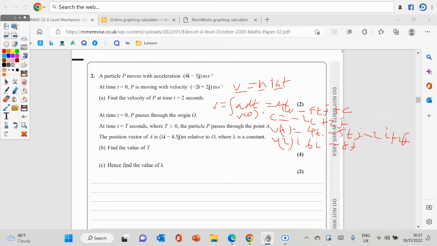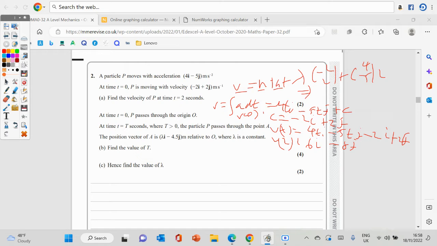Now, if you didn't want to do it that way around, you could certainly go to this formula here, and you could plug it in and try it. You get minus 2 plus 4, minus 5 times 2.